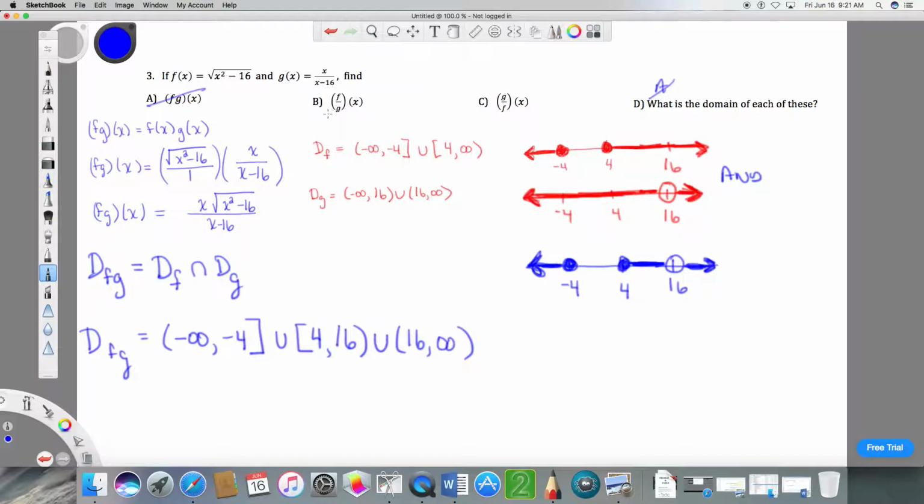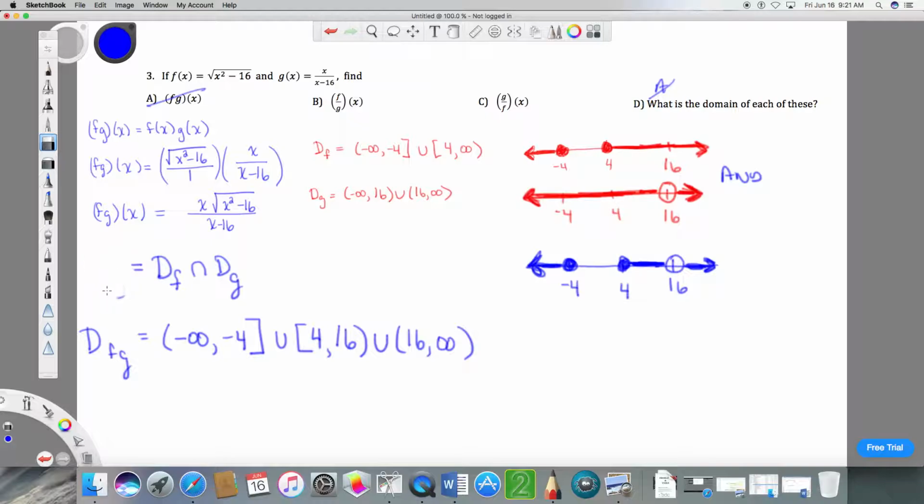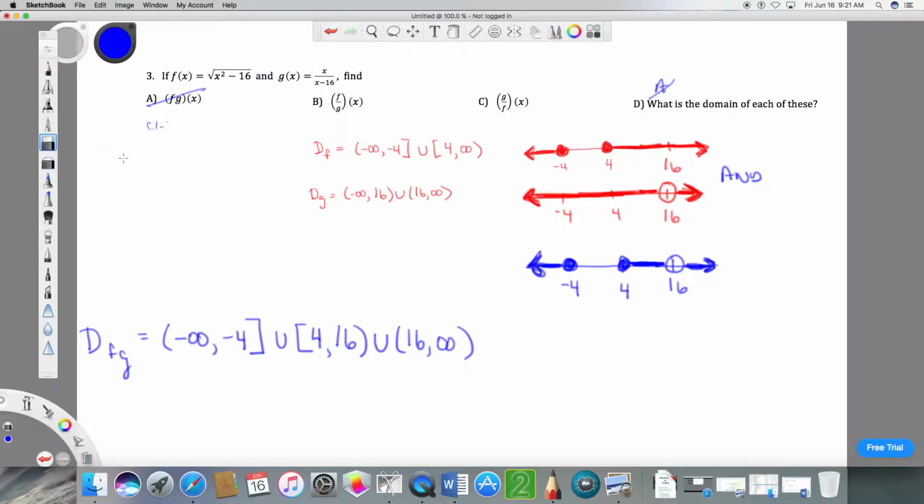So now we're ready to move on to part B. I'm not going to erase everything because I'm going to keep some of this information. I don't need this work. Although my answer in part B might end up being the same as the domain for part A, it's not necessarily going to be the same, so I'm going to erase that.